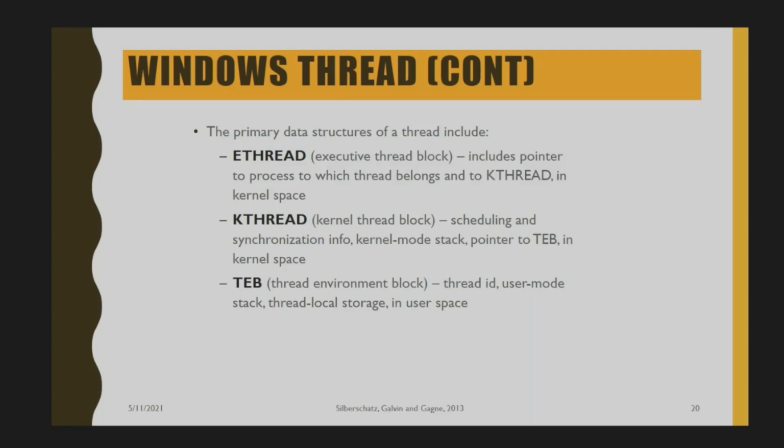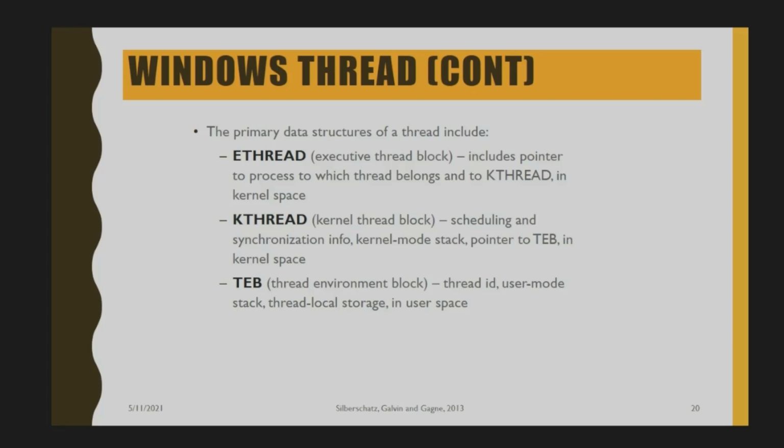The primary data structures of the thread include the ETHREAD, the executive thread block. This includes a pointer to the process to which the thread belongs and to the KTHREAD in kernel space. The KTHREAD is the kernel thread block, holding the scheduling and synchronization info, the kernel mode stack, and a pointer to the thread environment block.